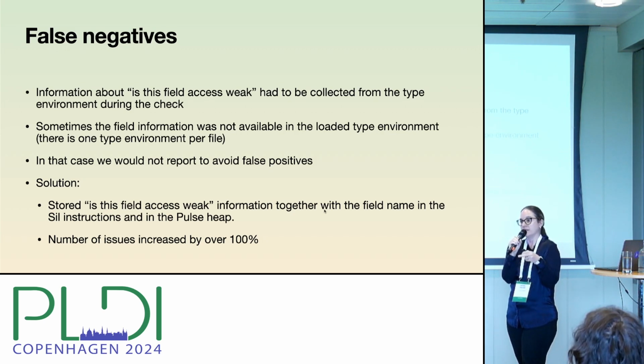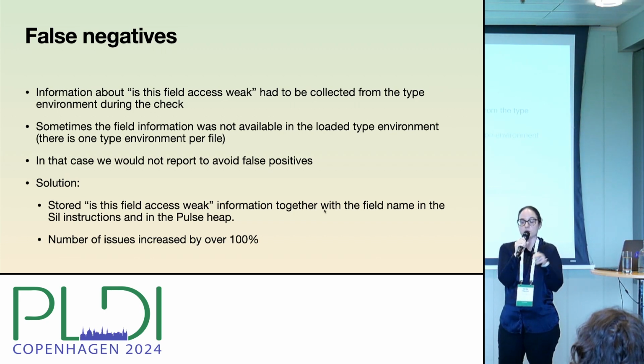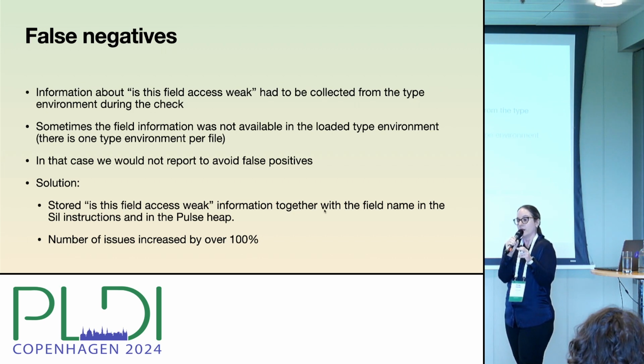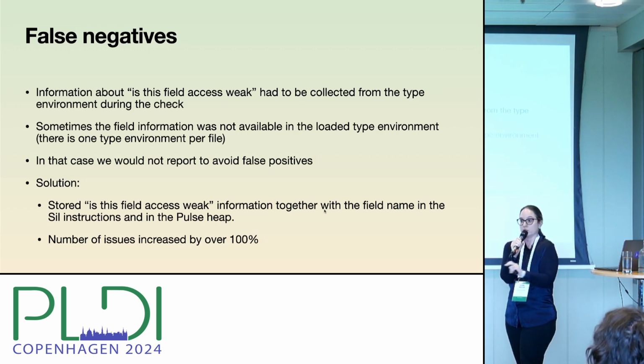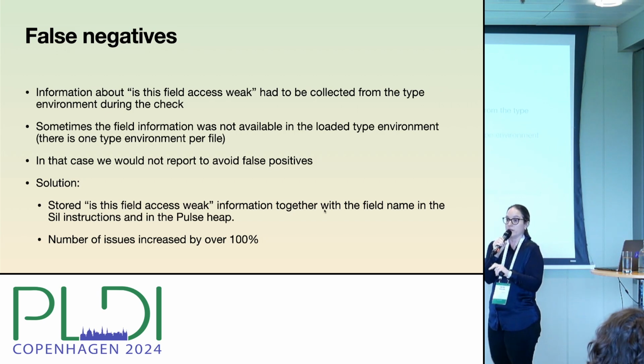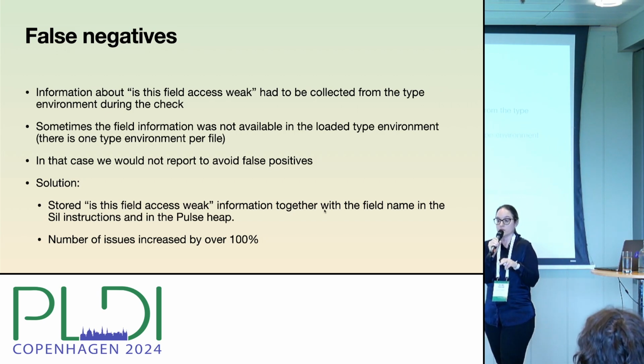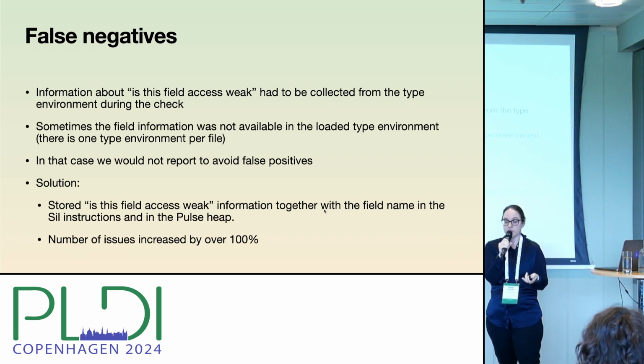Sometimes the type environment that we have at hand when we're checking the retain cycle was not the correct one, so we were missing this information about whether this field is weak or strong. In that case, we were assuming that it's not weak, so that we don't report false positives. But we were missing many reports.